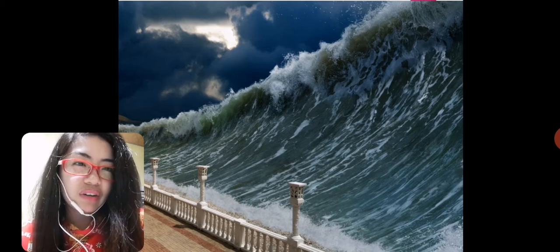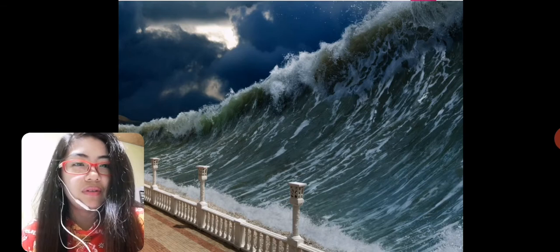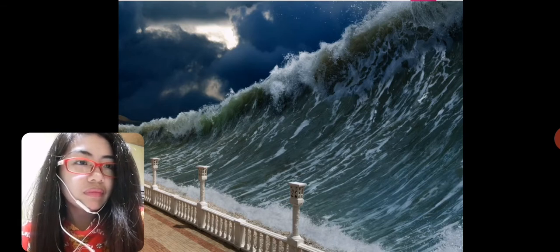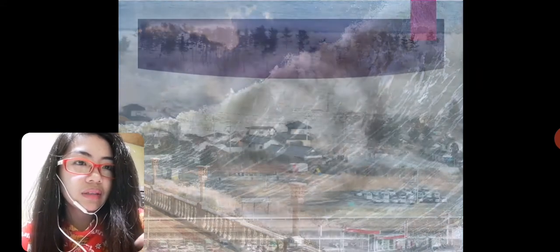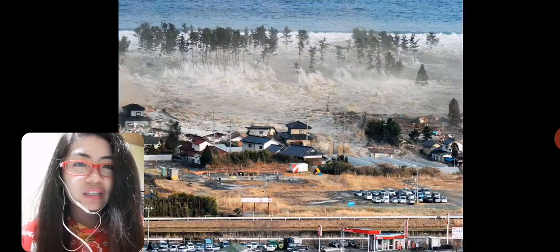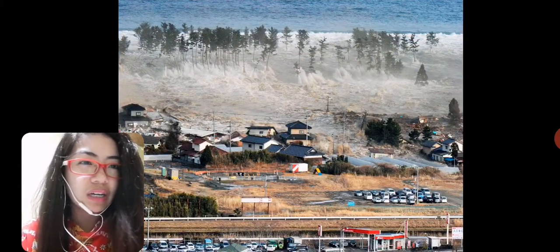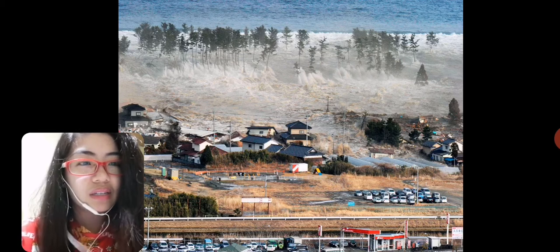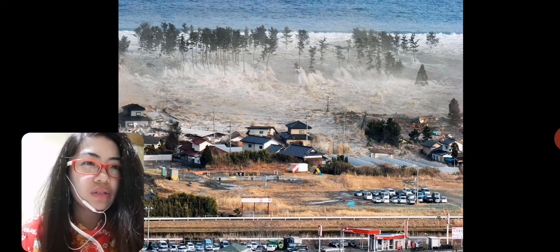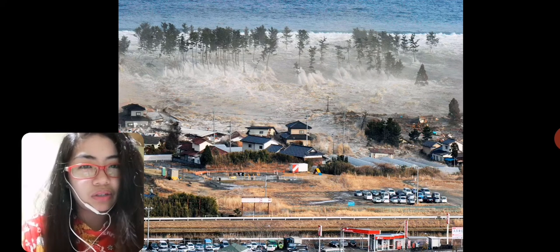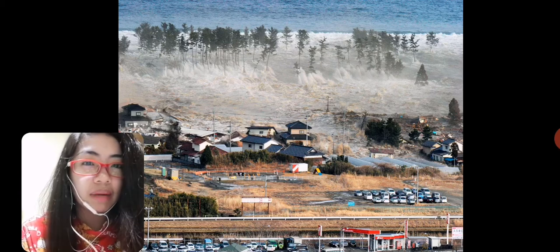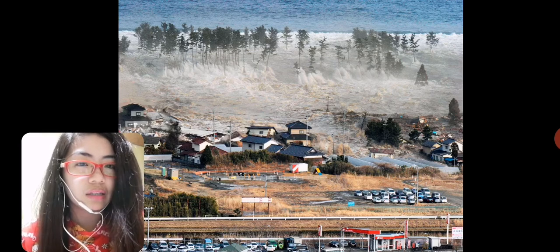Kaya nga, ang tsunami is yung parang shoreline na wave. Okay, this is another example of picture by which there is a presence ng tsunami. As you observe, lumalampas na talaga siya sa shoreline in which parang kinakain niya or sinasakop niya yung mga kabahayan na malapit dun sa dalampasigan.